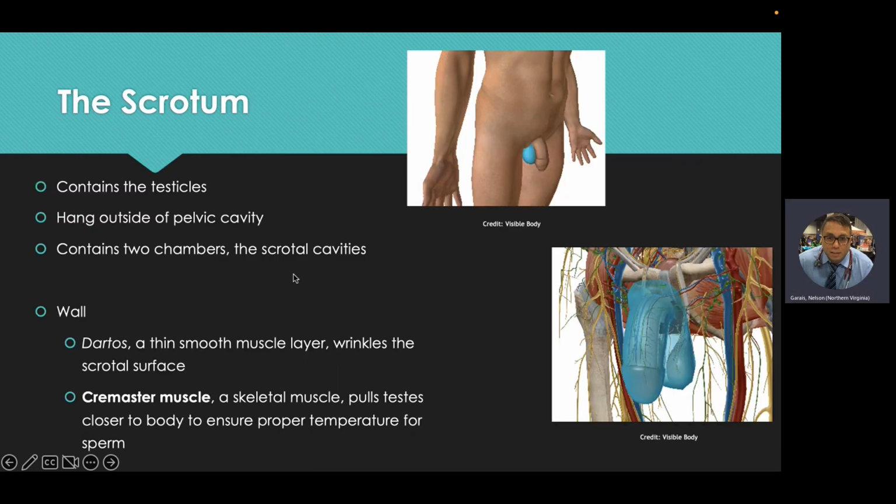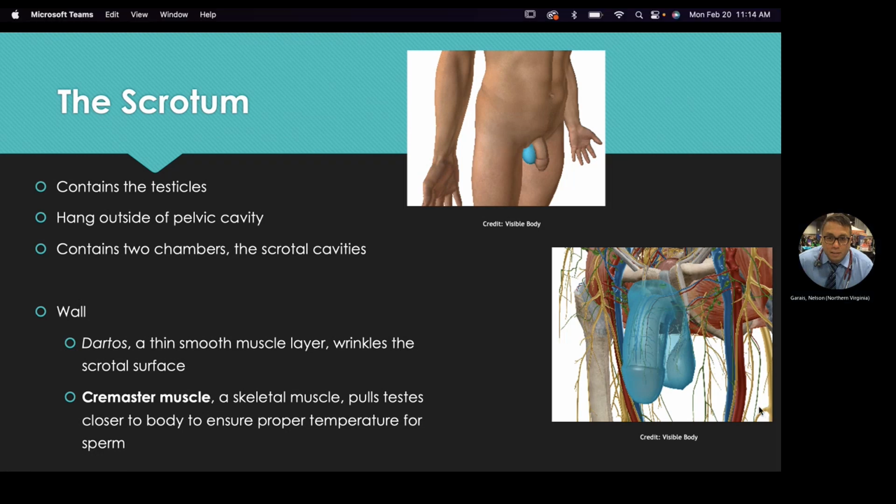Male reproductive system. The male reproductive system, of course, contains testicles that house the testes in a sac called the scrotum. It's right here. And the penis, of course.